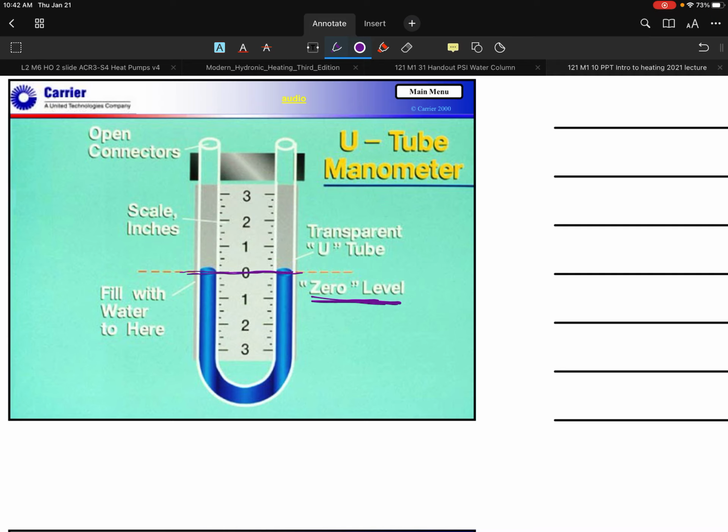The two columns are exactly the same height, as they would be in normal life, and we would be zeroed out wherever that point is. Now these scales here are basically an inch, this is 2 inches, this one is half an inch. An inch is an inch is an inch.